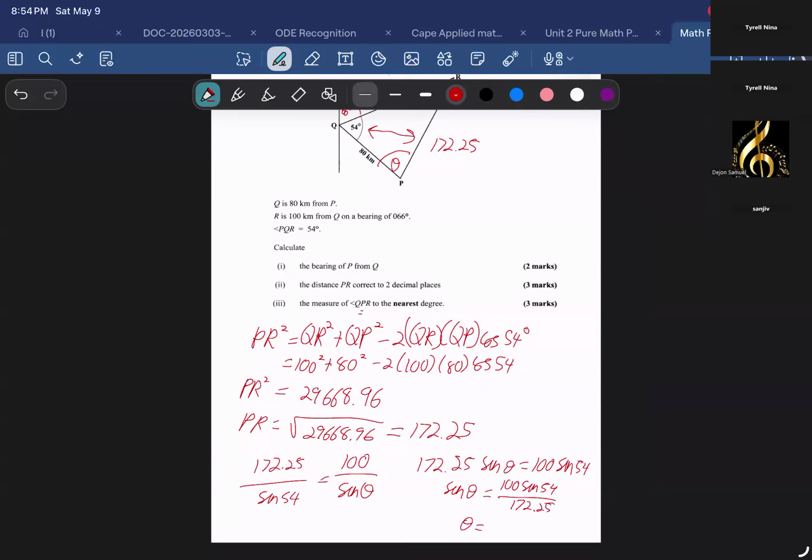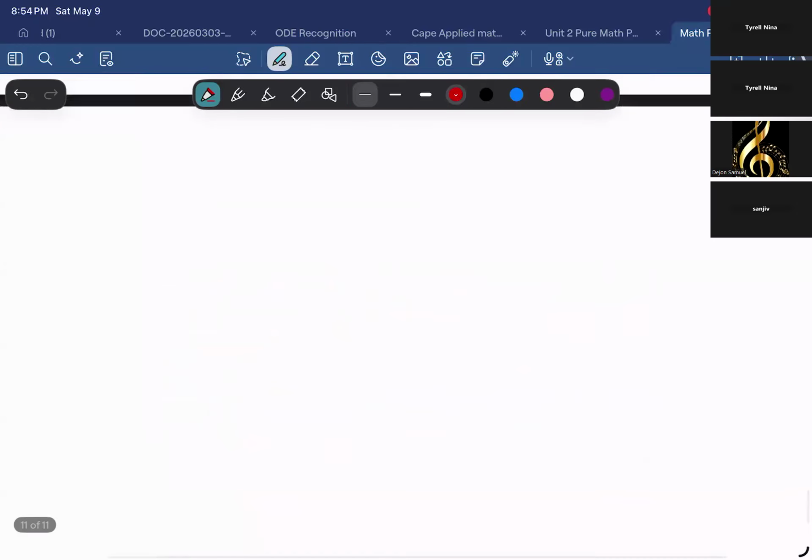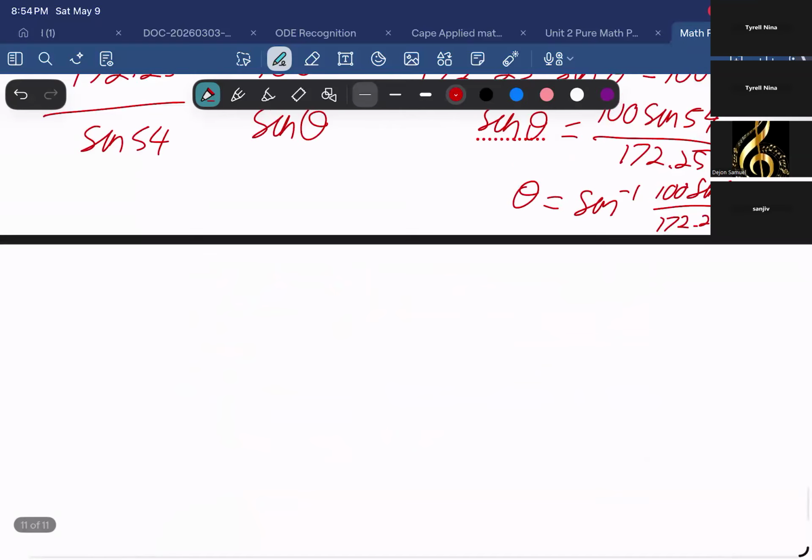You can work it out, eh? I just take sine inverse of 100 sine 54 over 172.25, which is equal to 54.25.